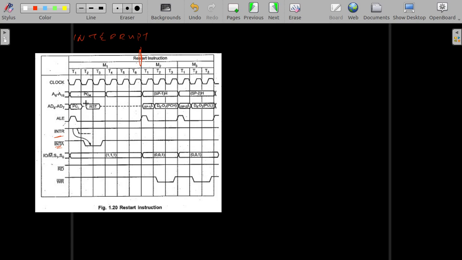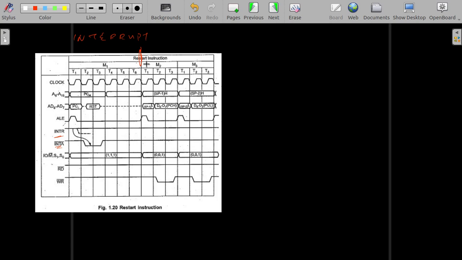Here an interrupt request is coming, and once it is accepted, INTA goes low, letting the processor know that the interrupt is being acknowledged.